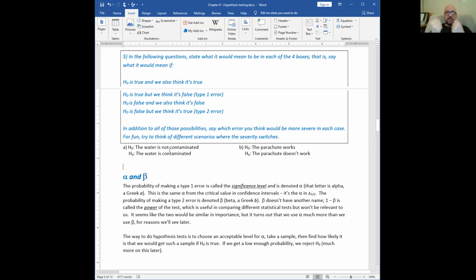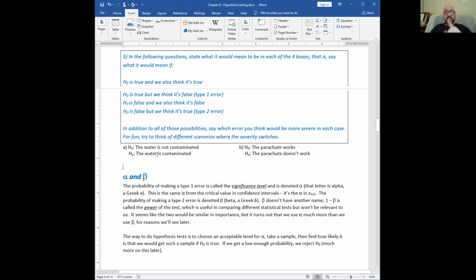Our test might be to look around and see if there's some sort of animal carcass in the water upstream, or maybe a tannery nearby that we're concerned is polluting the water, right? So we might look around for that and see if we think that causes the water to be contaminated. But our default, just looking at the water, is that it's not.